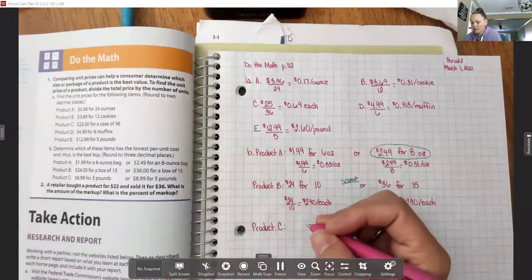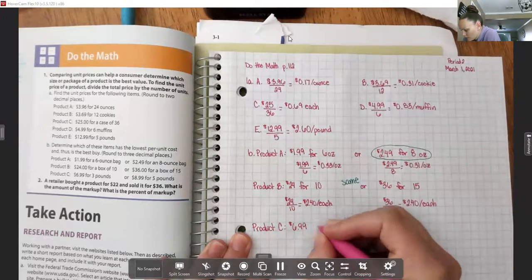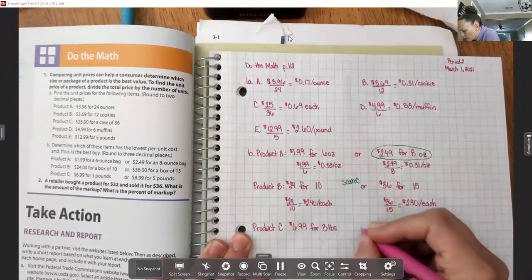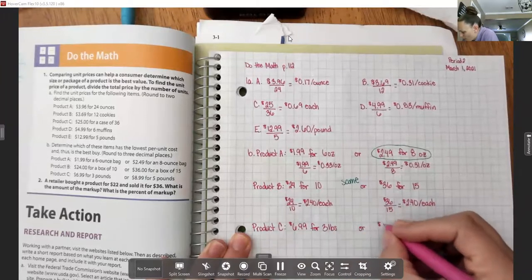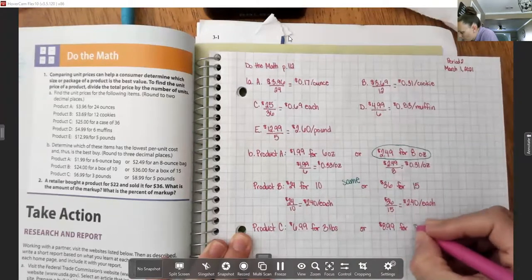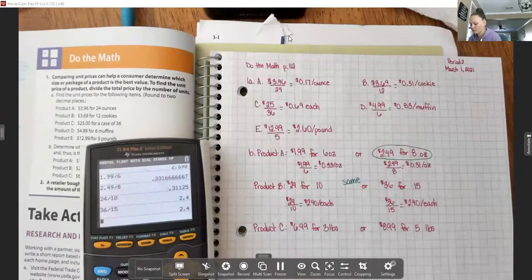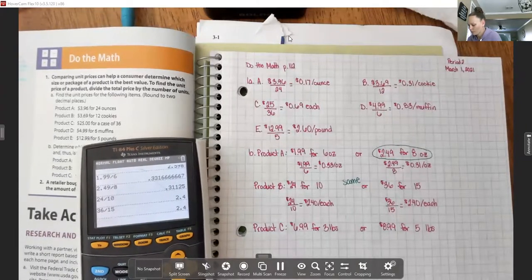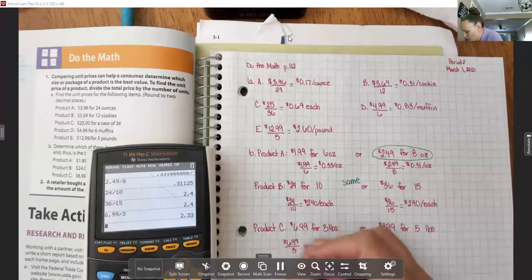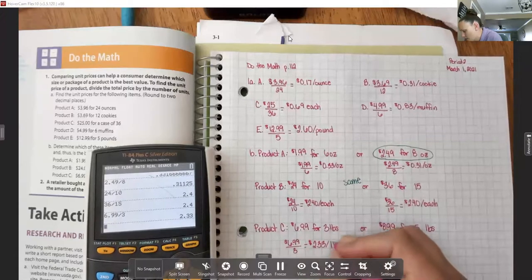Okay. And last one here, product C, $6.99 for 3 pounds or $8.99 for 5 pounds. So $6.99 divided by 3 is $2.33 per pound.